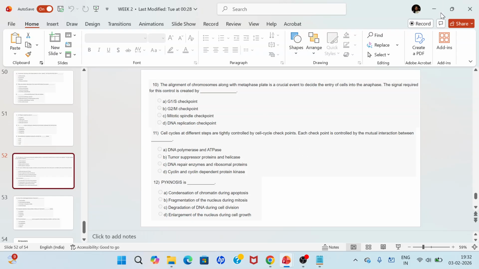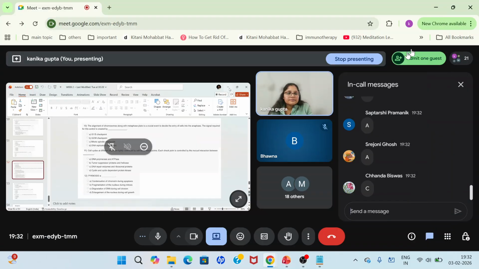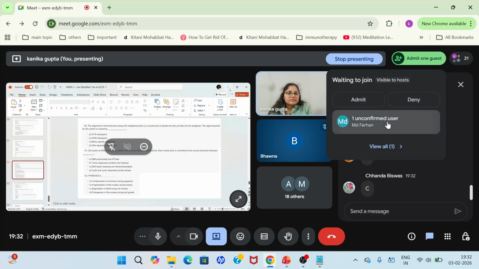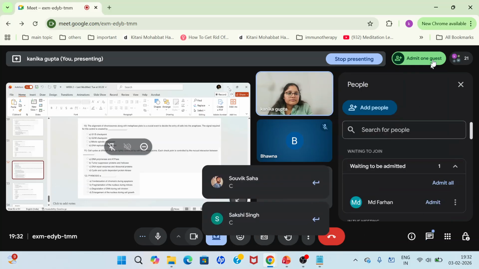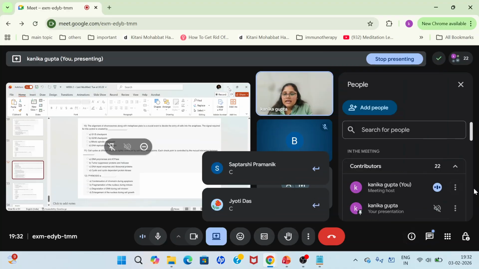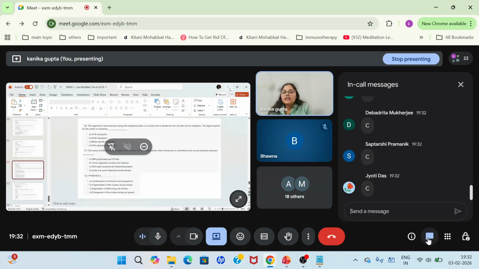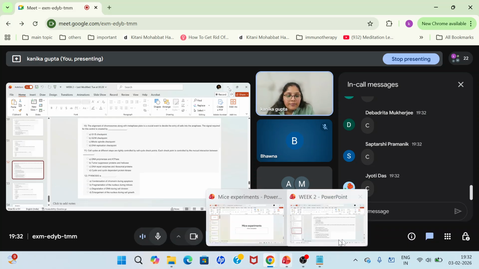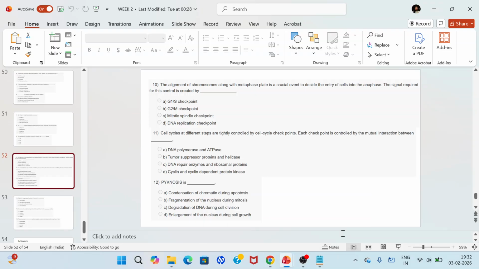Question number 10, the answer everyone. Yes, it is the mitotic spindle checkpoint. Next question. Cell cycle at different steps is tightly controlled by cell cycle checkpoints.